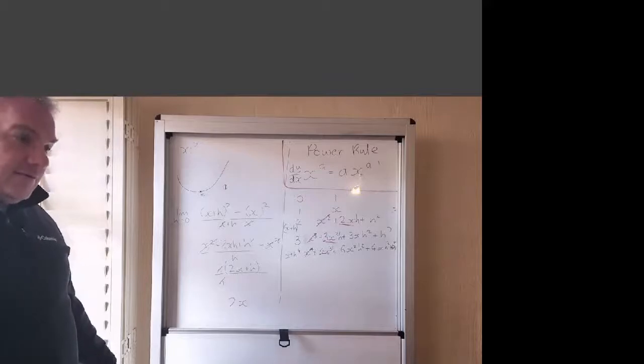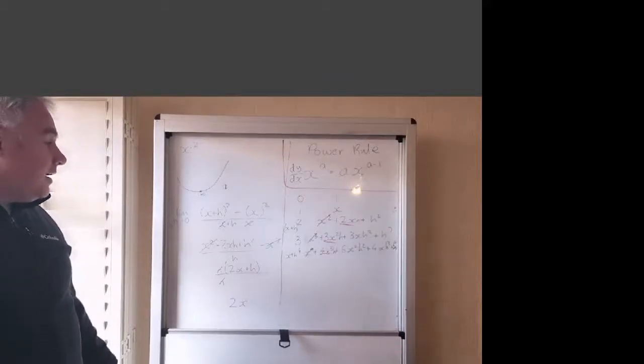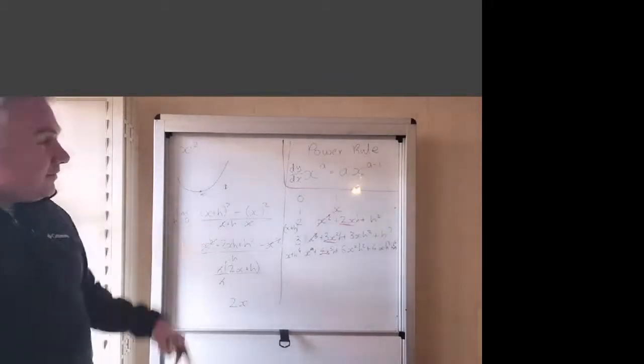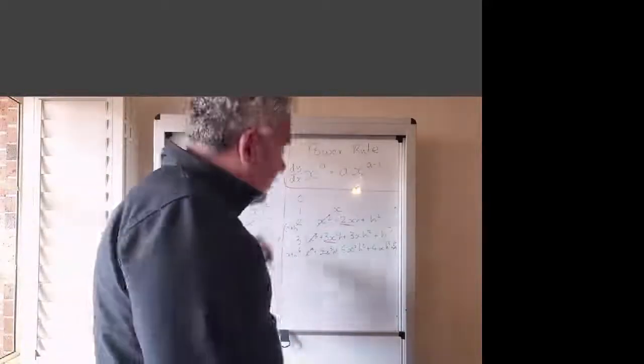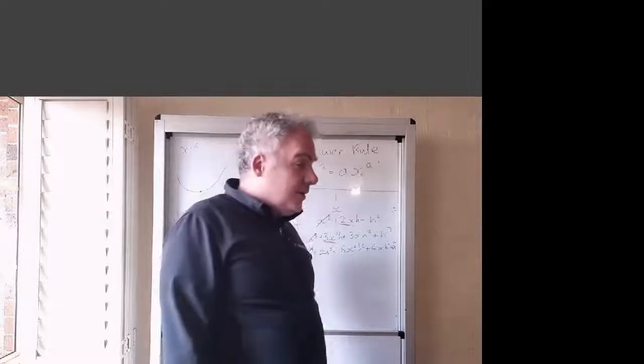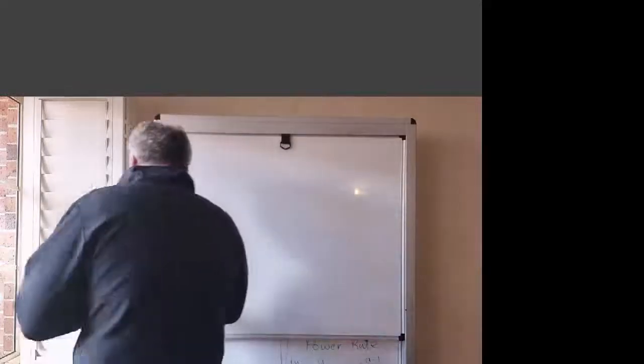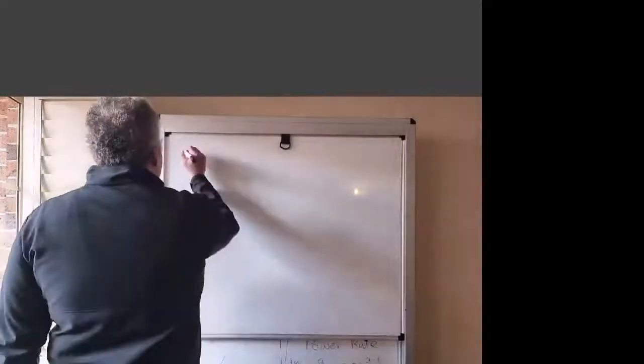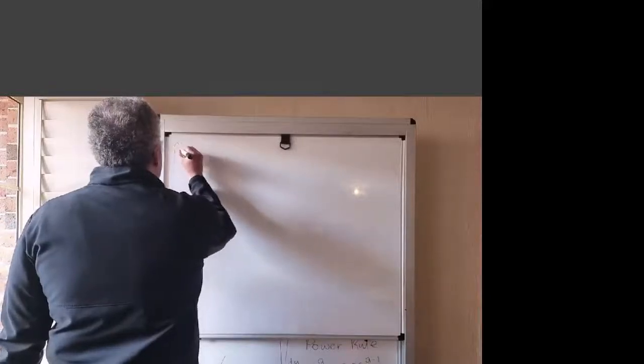And that's why there's a power rule. So that's the power rule, and that's a little bit on where it comes from. Now let's work on using it. Power rule again.